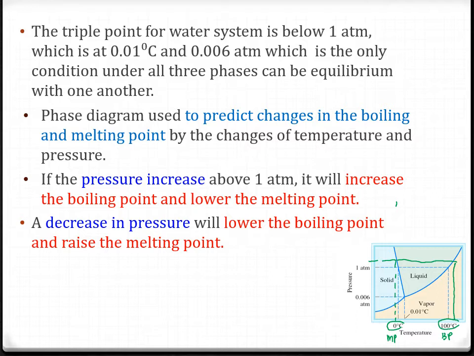If the pressure is lower than 1 atm, it will lower the boiling point, for example to less than 100 degrees Celsius, and increase the value of melting point, which is more than 0 degrees Celsius. Make sure you understand how to read the phase diagram of water. The concept is the same with the phase diagram of carbon dioxide.